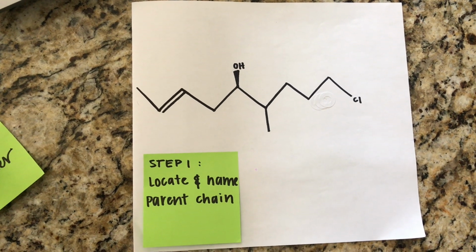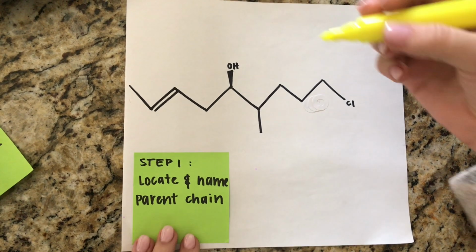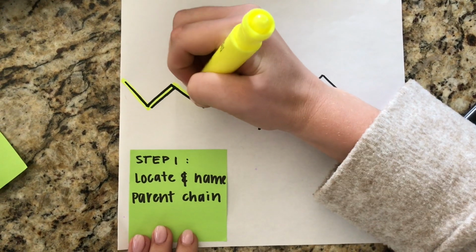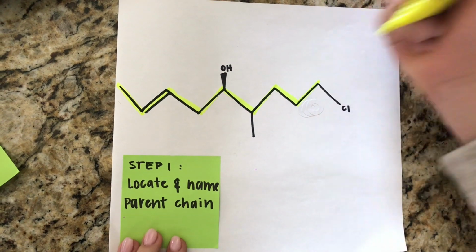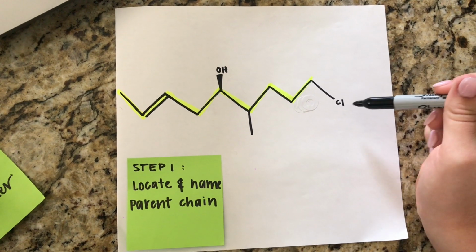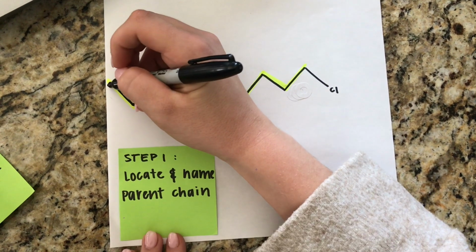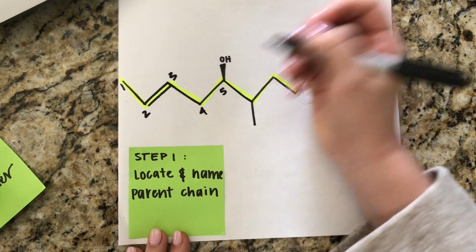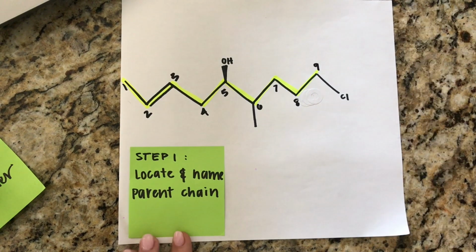The first step in naming an enol is to locate and name the parent chain. In this case, we'll start here and go 1, 2, 3, 4, 5, 6, 7, 8, 9 carbons. Since the alkene takes priority over the chloro group when you're numbering the chain, we'll start here. 1, 2, 3, 4, 5, 6, 7, 8, 9.